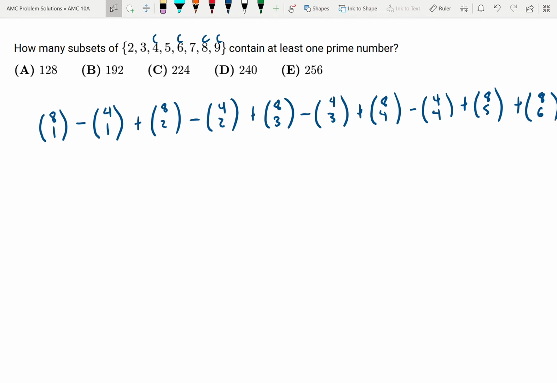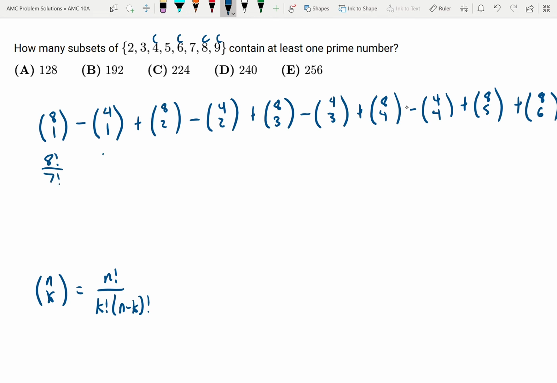And remember that n choose k is just equal to n factorial over k factorial times n minus k factorial. So doing this all out, I've got 8 factorial over 7 factorial.